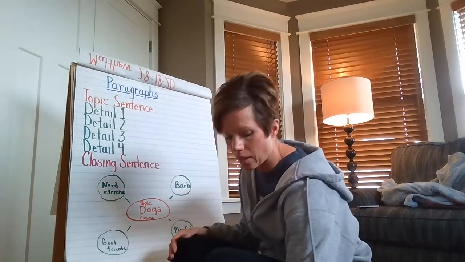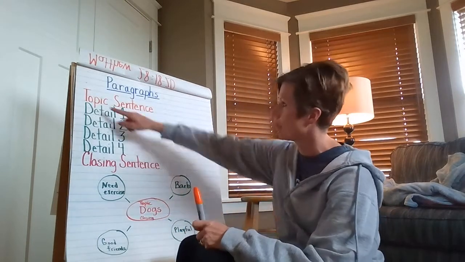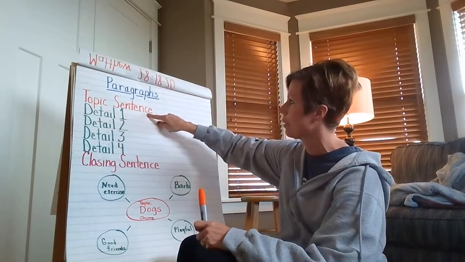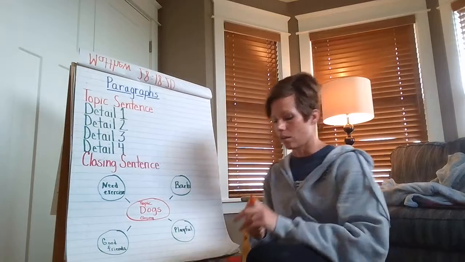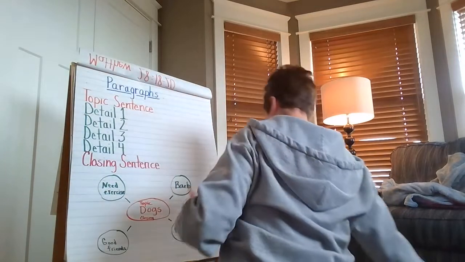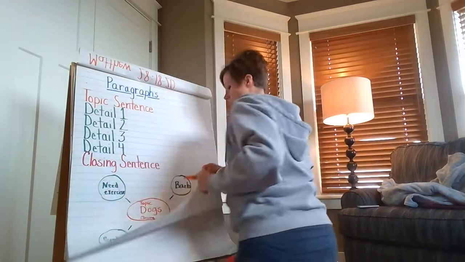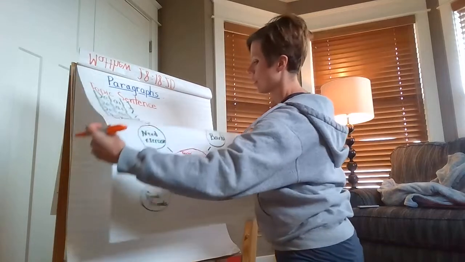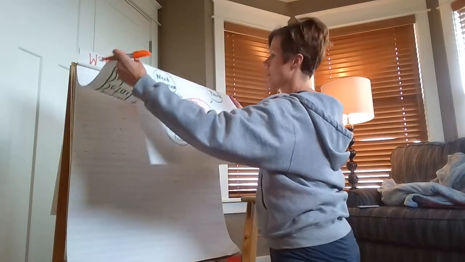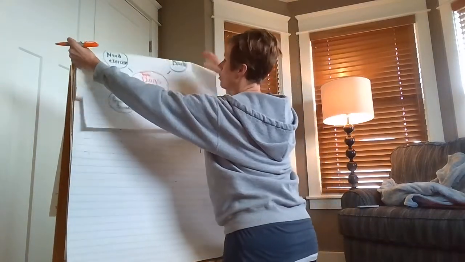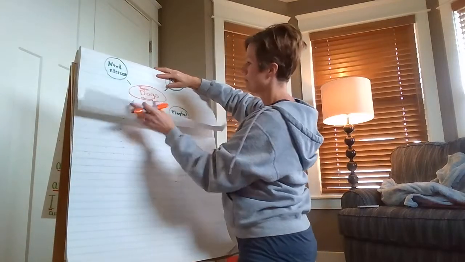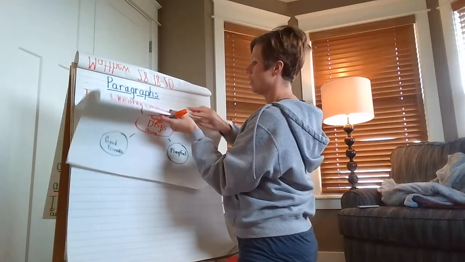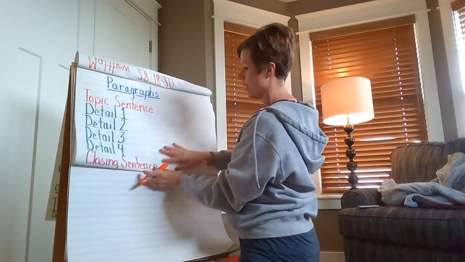So I'm going to take my orange pen because now I have to make a topic sentence about the dogs. So I'm gonna take my handy paper. And I don't know if this is gonna work, but we're sure gonna try, okay? We actually really need the top is what we need.